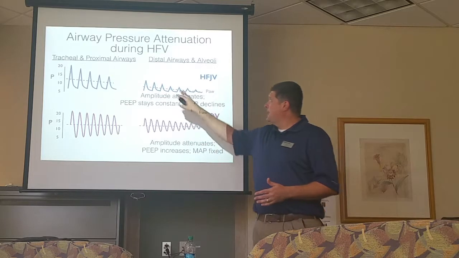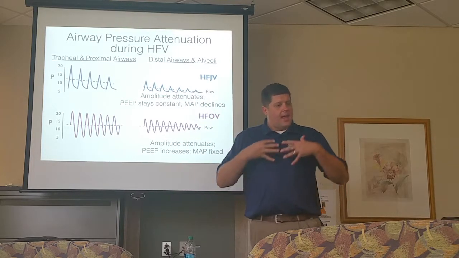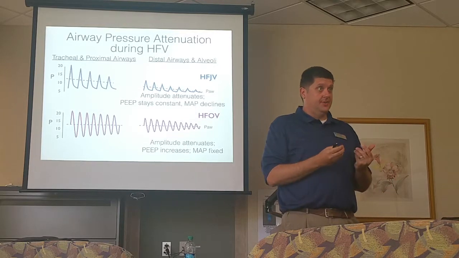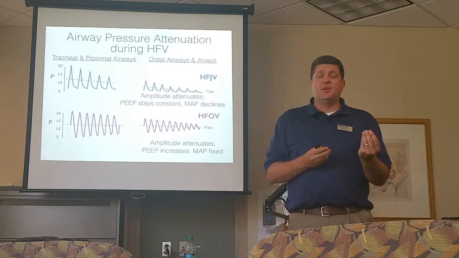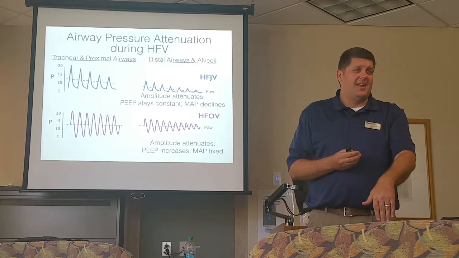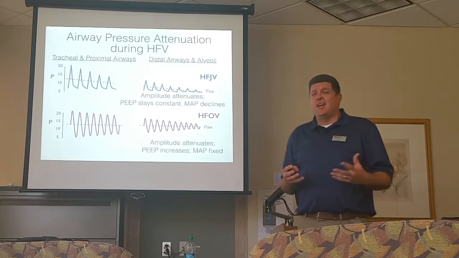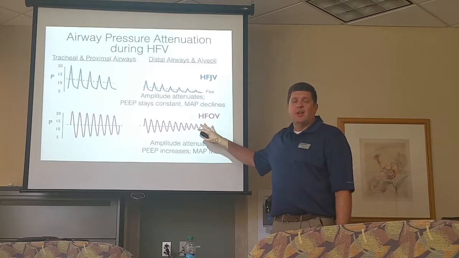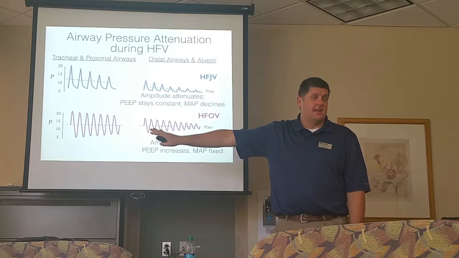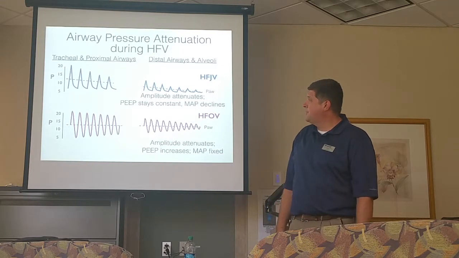As we get down to the distal airways and alveoli, as your airways branch off and become smaller and smaller, resistance increases. And as resistance increases, your applied delta pressure just drops off like crazy. It's often been said that the pressures down here are less than 10% of what's actually dialed in. That's how much it attenuates.